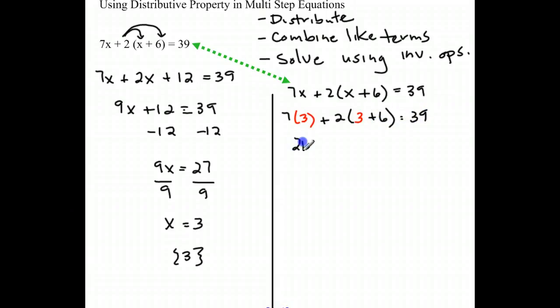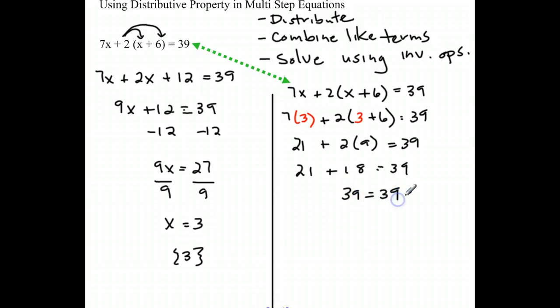Seven times 3 is 21. I'm going to add these 2 inside to get 9. 21 plus 18 is equal to 39, and we know that that is correct.